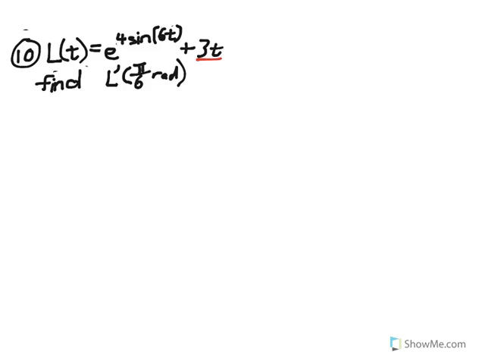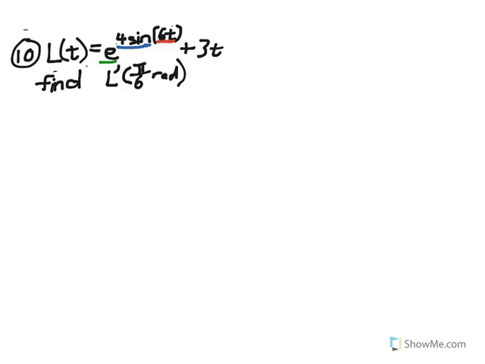That's the 3t and the e to the whatever. The 3t should be easy to take the derivative of, but the e to the whatever part, you have the inner function of the 6t, you have the middle function, which is the 4 times sine of the inner function, and then you have the outermost function, which is e with an exponent of the middle function of the inner function.